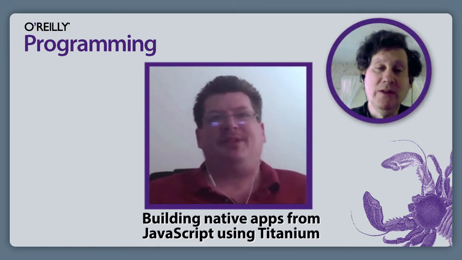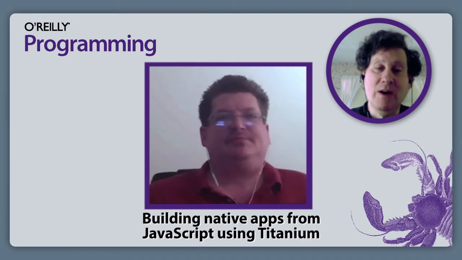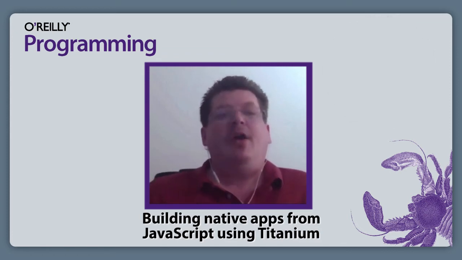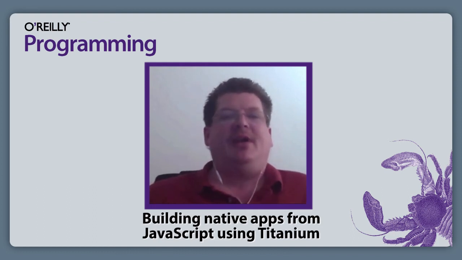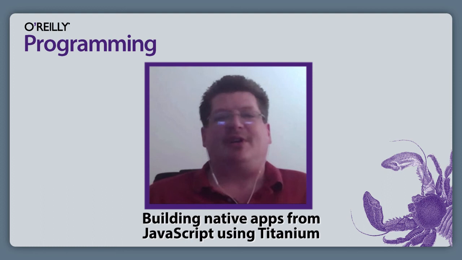Titanium also makes use of some of the object model of JavaScript to let you extend Titanium, and you've shown how to do that in the book. Right. And that's why I think Titanium using JavaScript is good. It's a very accessible language, and a lot of companies probably already have it in house. There are other products that do a similar thing as Titanium, but they use languages like C#.